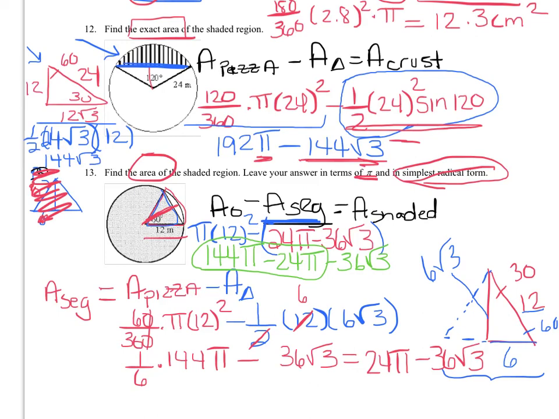So that ends up giving us, let me change colors one last time, we'll go to like a purple, 120 pi minus 36√3.